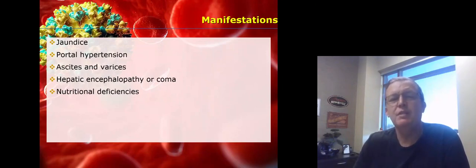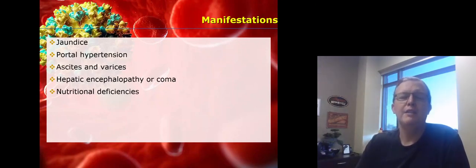One of the most common symptoms associated with liver failure, regardless of the cause, is jaundice, the discoloration of the skin, the conjunctiva of the eyes, the urine ultimately, and other body fluids all have a yellowing appearance.